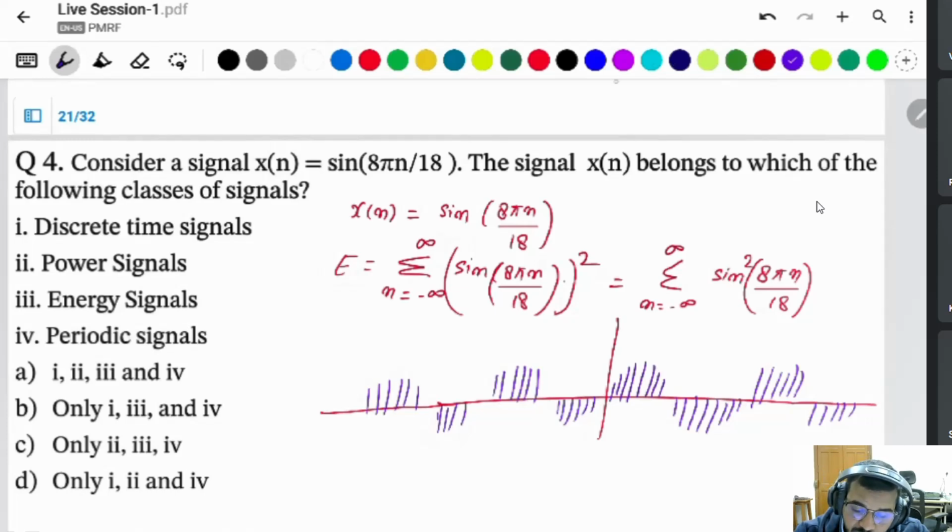What happens if you square this one? The value is 1 only. Scaling is 1 on the y-axis. The peak magnitude is 1. But if you square this thing, the negative terms become positive terms.